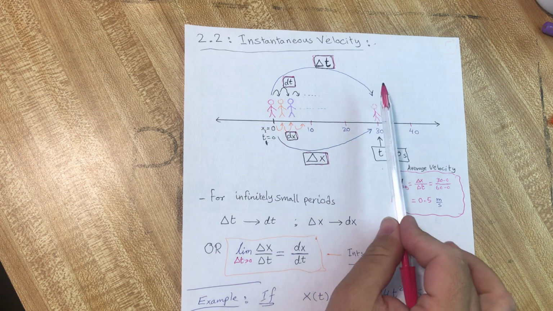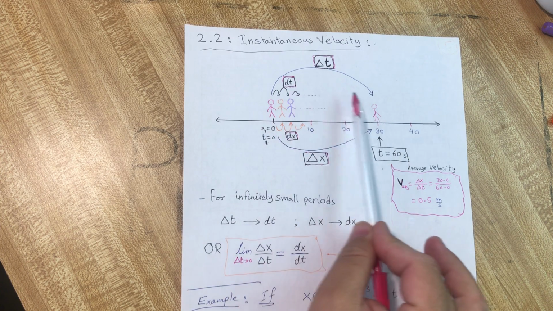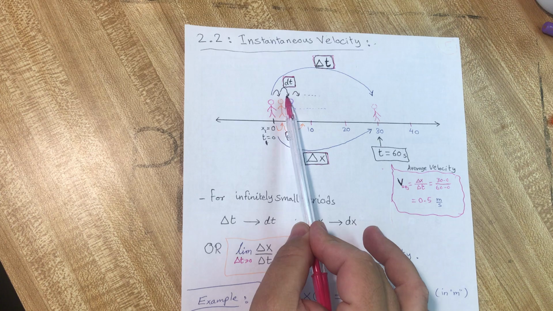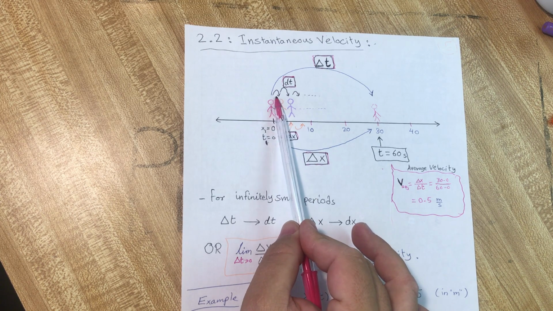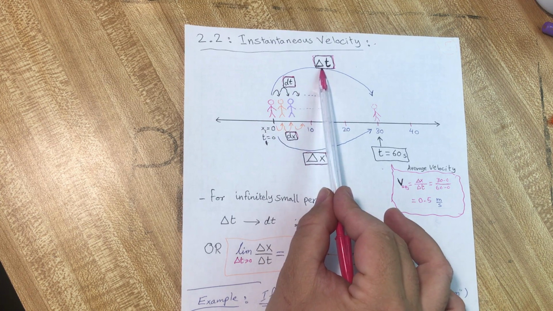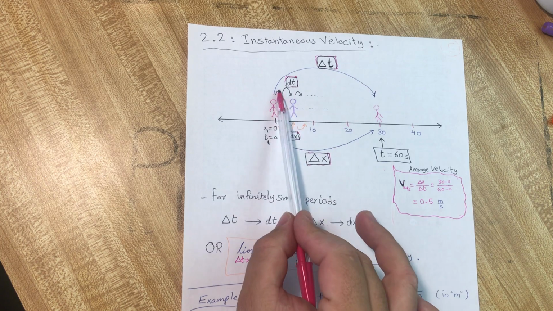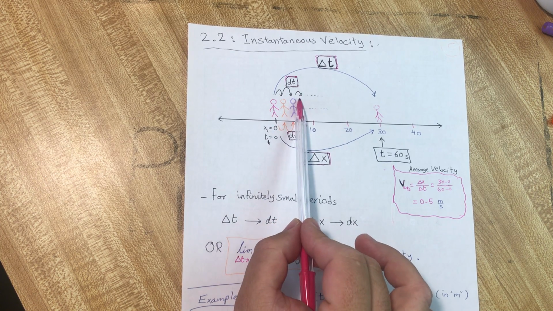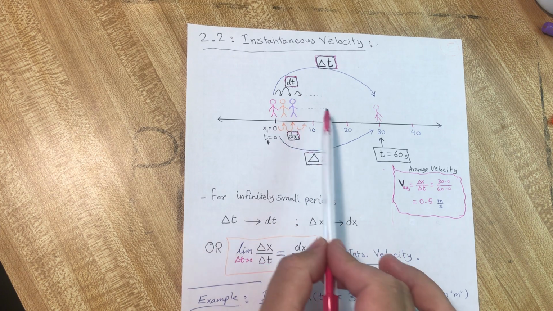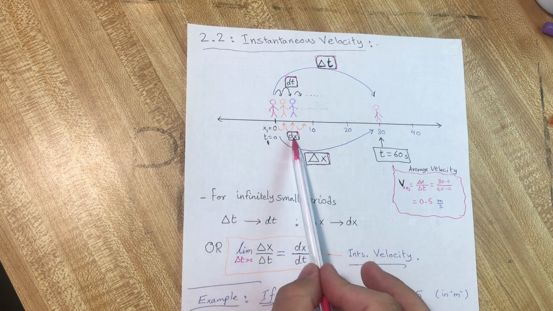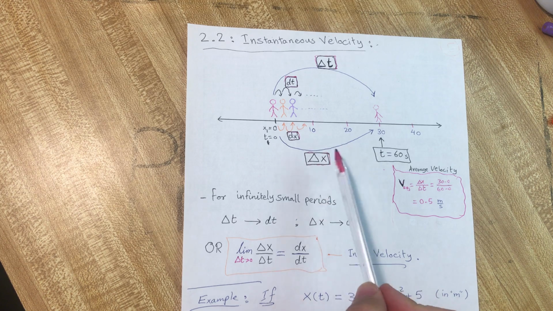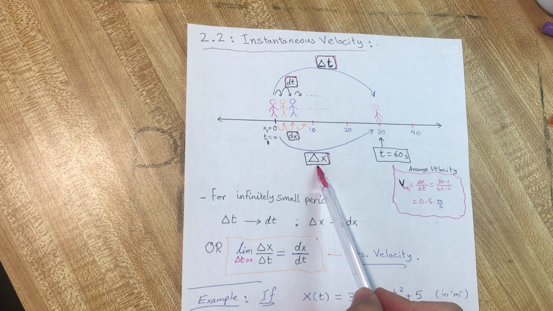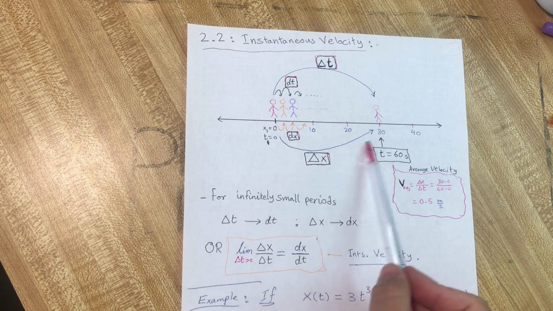But if I reduce the period of time to be very small, it will not be delta t, it will be dt for tiny periods of time. In this case, I will not have delta x, which is a vast change in position.